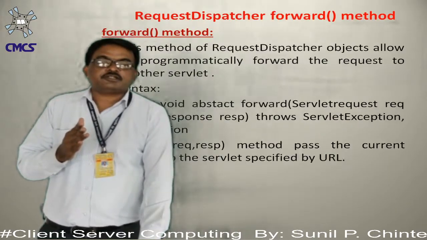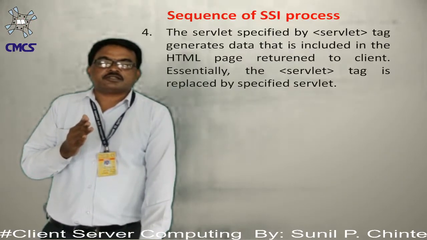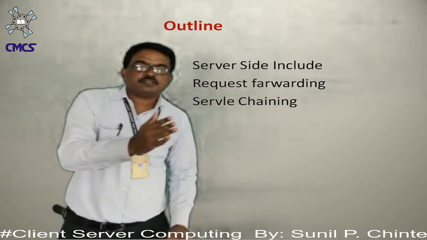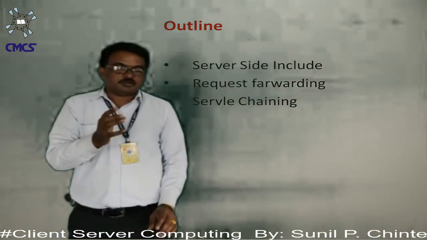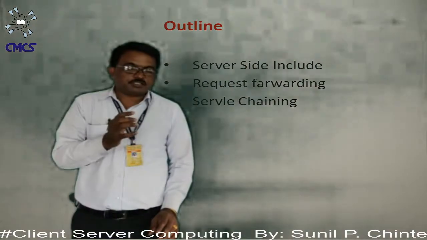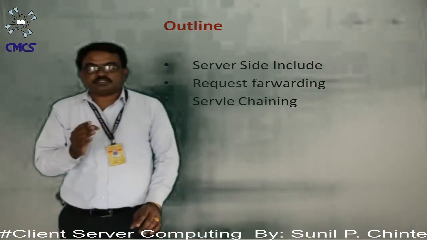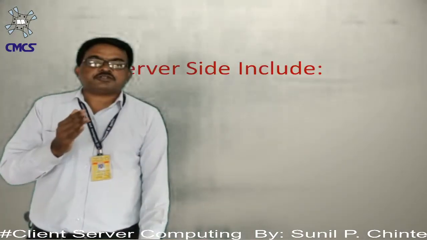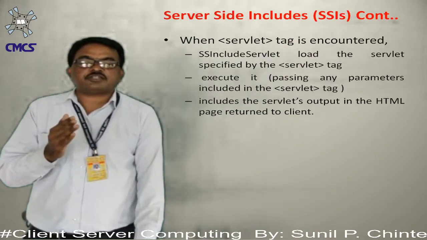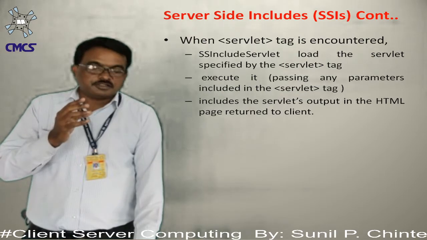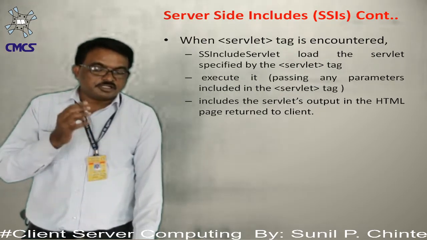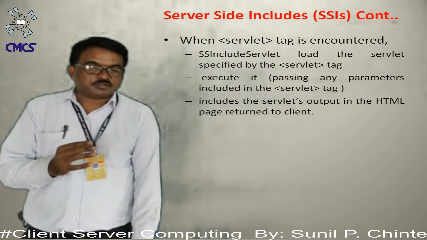Next is request forwarding, by using the forward method and the include method, and the third is servlet chaining. By using server side includes we can call the servlets in an HTML file.